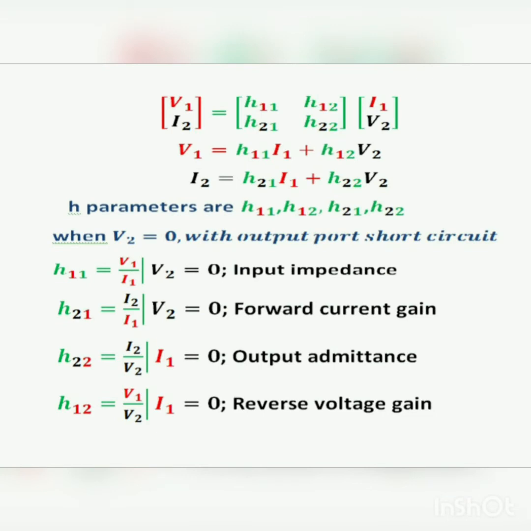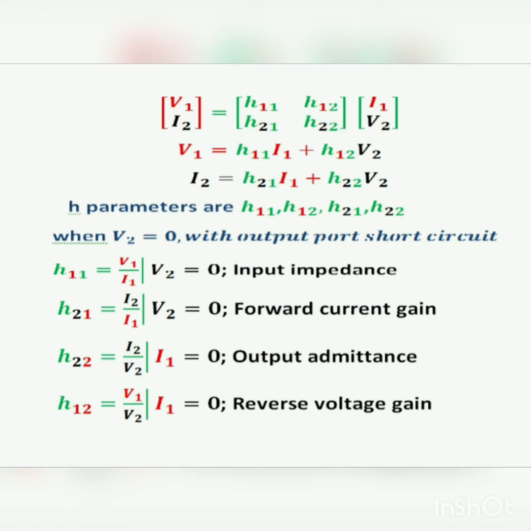Referring to the two-port network, we can write the equation as [V1, I2] equal to the matrix [H11, H12; H21, H22] multiplied by [I1, V2]. So the expressions are V1 is equal to H11 I1 plus H12 V2, and the second equation is I2 is equal to H21 I1 plus H22 V2.